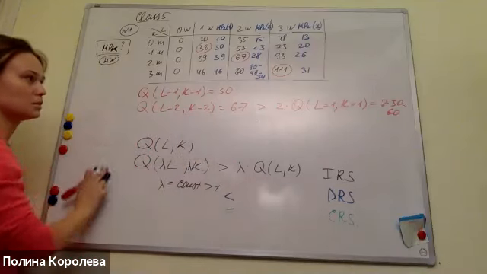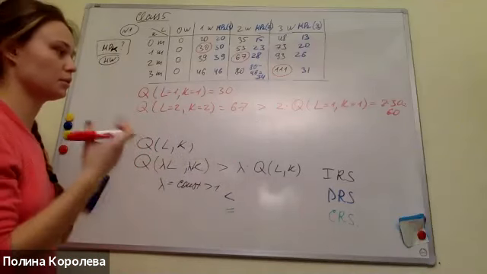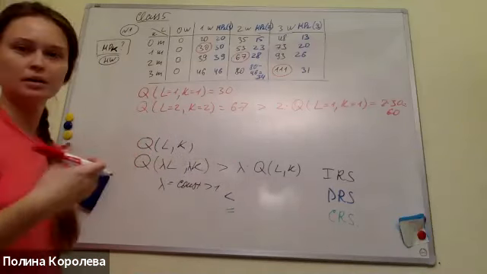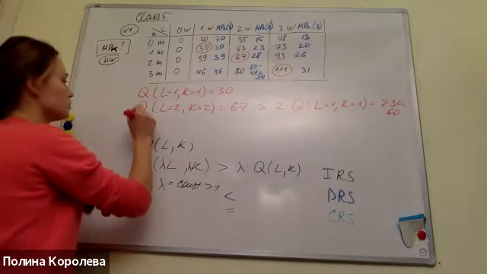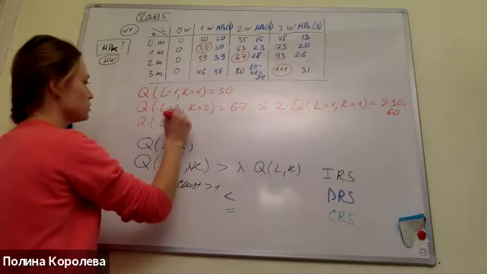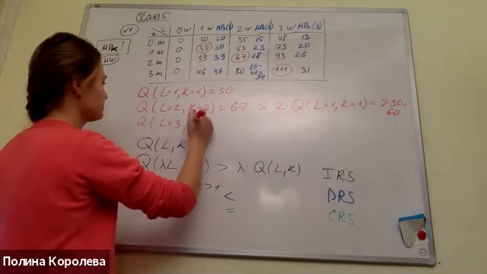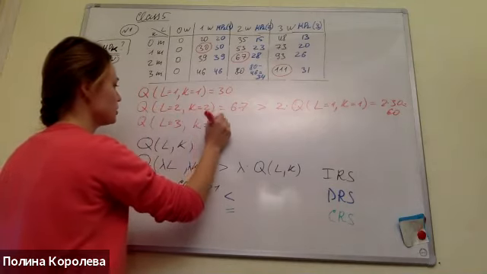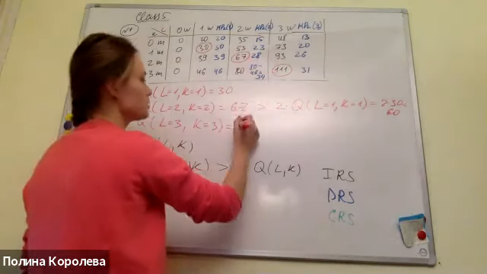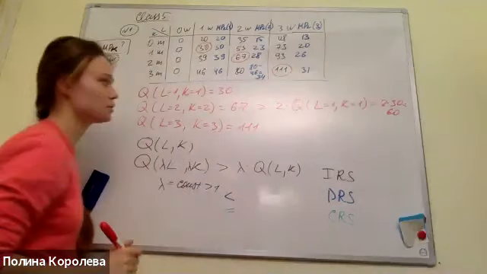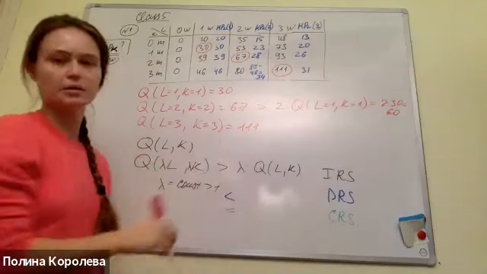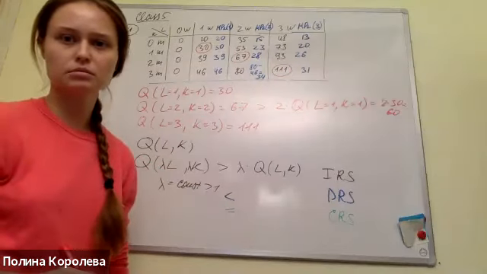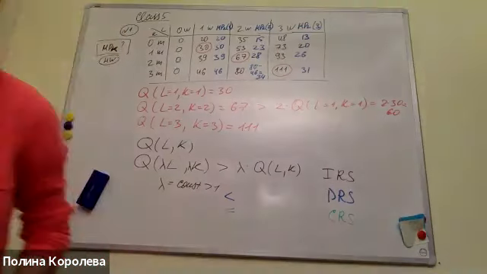Maybe it's not always increasing returns to scale in our table, because scale can change. So if we have 3 workers and 3 machines, we will produce 111. What should we compare with? Maxim, please.